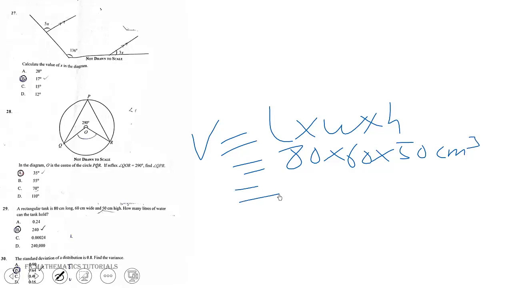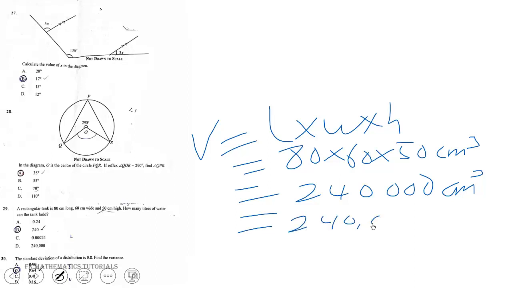So that will be equal to 240,000 centimeter cube. And in liters, divided by 1,000, 240,000 by 1,000 liters. So that will give you 240 liters, which is this.